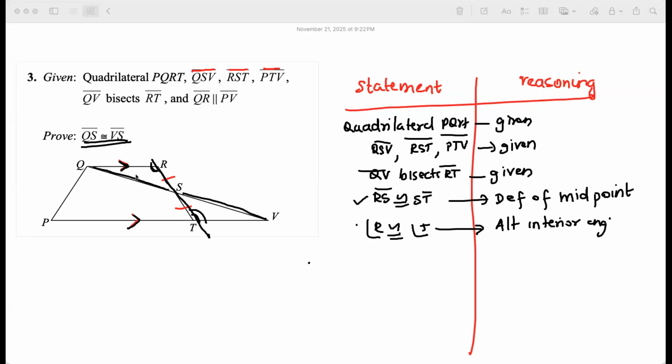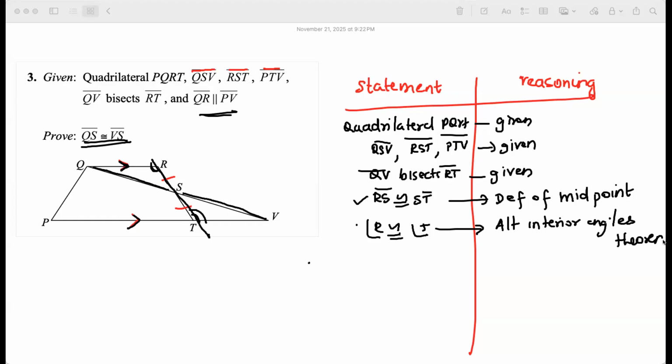Nobody said that they are parallel, right? QSV, RST, PTV. It's QR is parallel to PV. Is it given? Yeah, it's given. Yeah. That's why I marked. Good. Alternate interior angles. Okay, theorem.